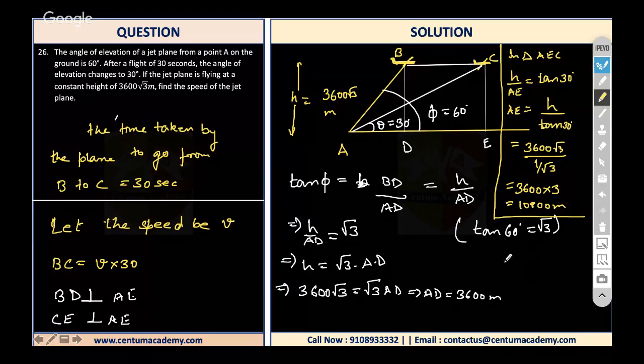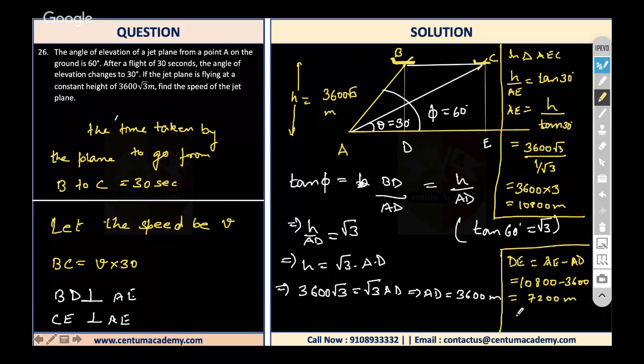Now I know DE is equal to nothing but AE minus AD, which is 10800 minus 3600 meters, which is 7,200 meters.